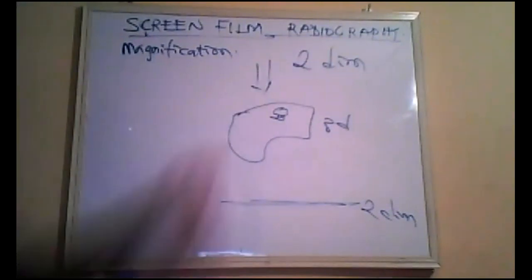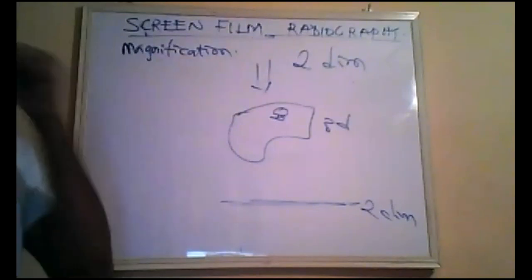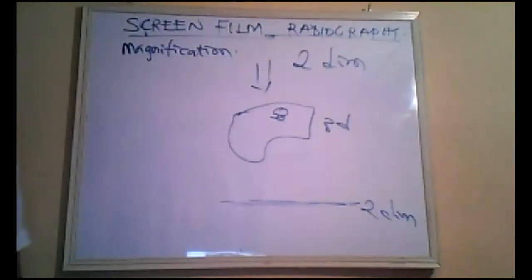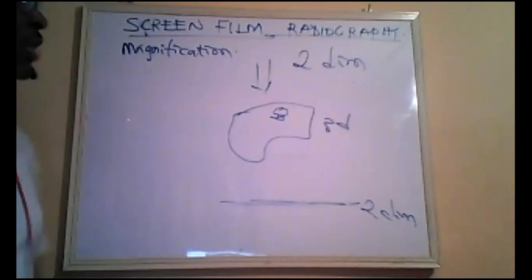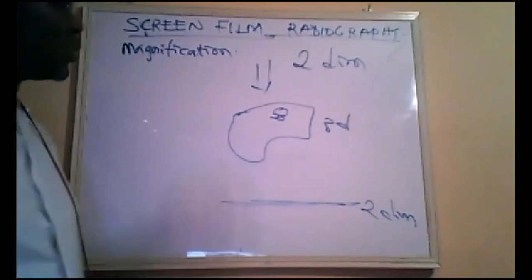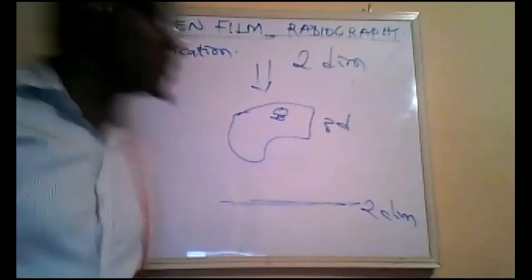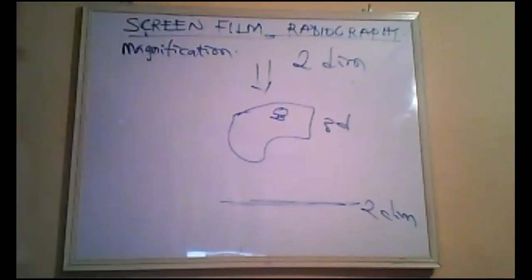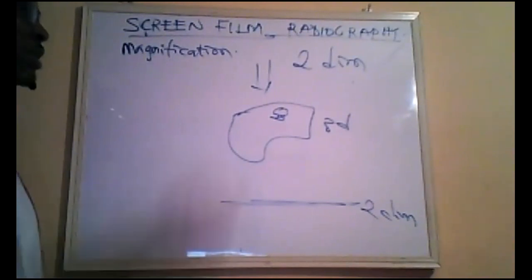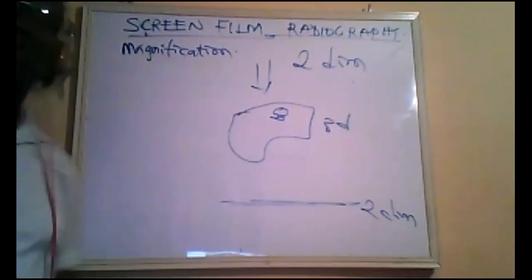Of course, this problem has been solved with our CT, our MRI, and so on, even our ultrasound, which are three-dimensional in nature. Of course, ultrasound can also give us a two-dimensional image, but we also have a three-dimensional version. So screen film radiography is a two-dimensional image, so it has the problem of overlap of structures.